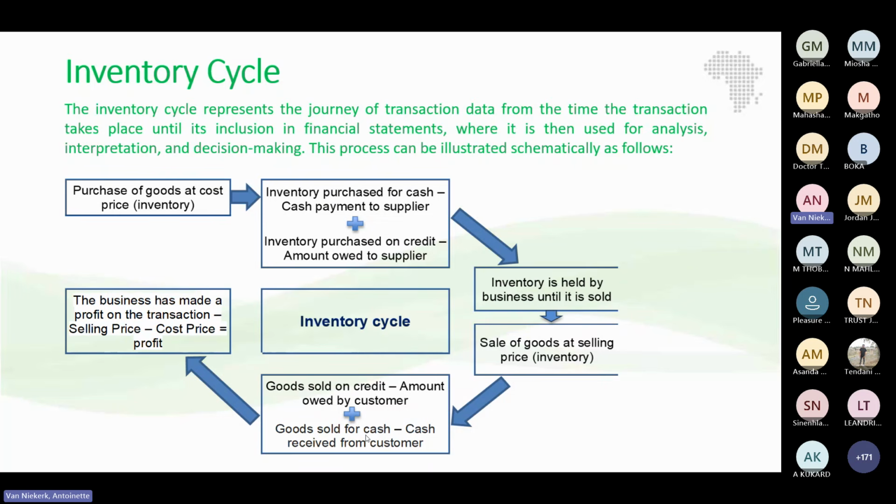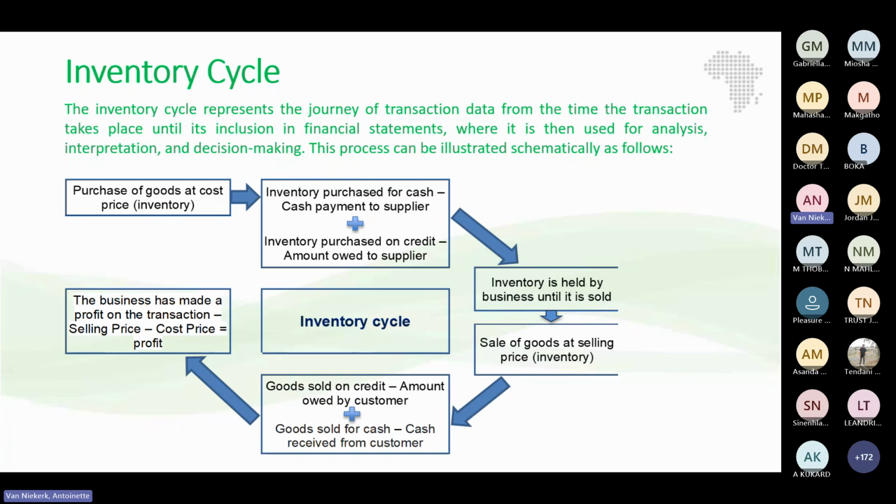Now we are selling goods for cash. So again, your goods or inventory account will decrease because you are still selling the inventory or the goods. Inventory or goods will decrease on the credit side.